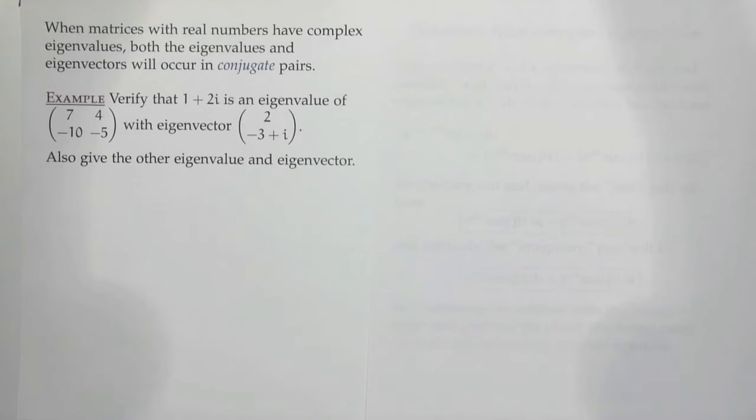That's the a plus or minus bi. The other thing that happens is that not only do your eigenvalues come in pairs, your eigenvectors come in pairs too. It's the same idea: you flip the sign of the i part, so you take the conjugate of the i part.